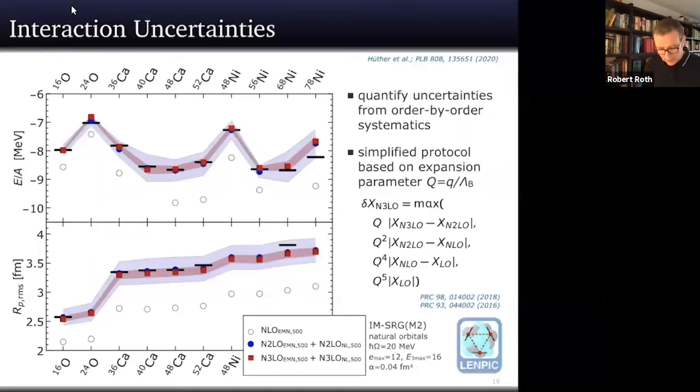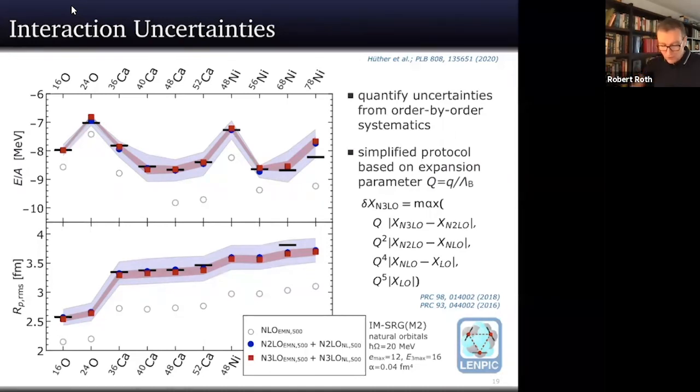And you see that the accuracy you get from this single source of uncertainty at N3LO is actually quite nice. At N2LO, you would say, okay, if you look at the radius, the band has almost half a Fermi width here. That might be not really precise, not really satisfactory.